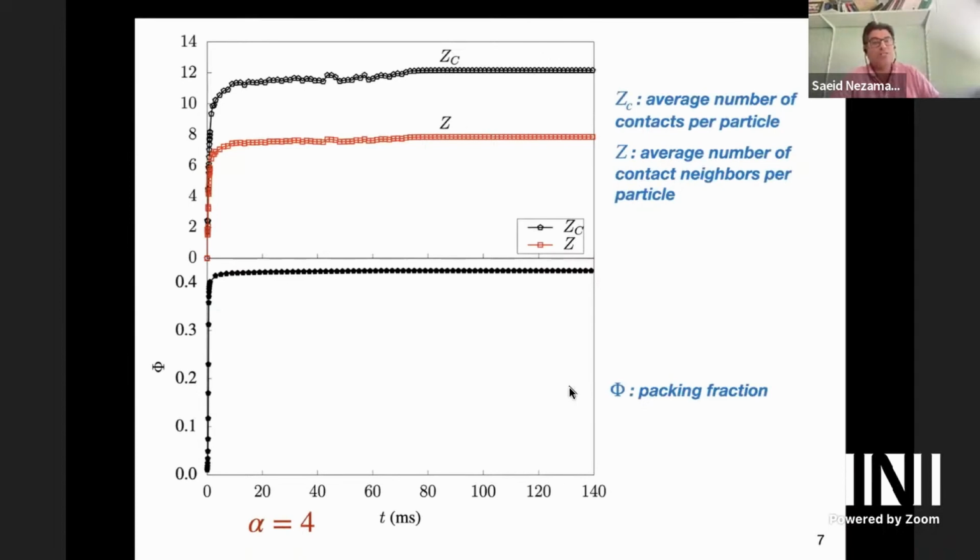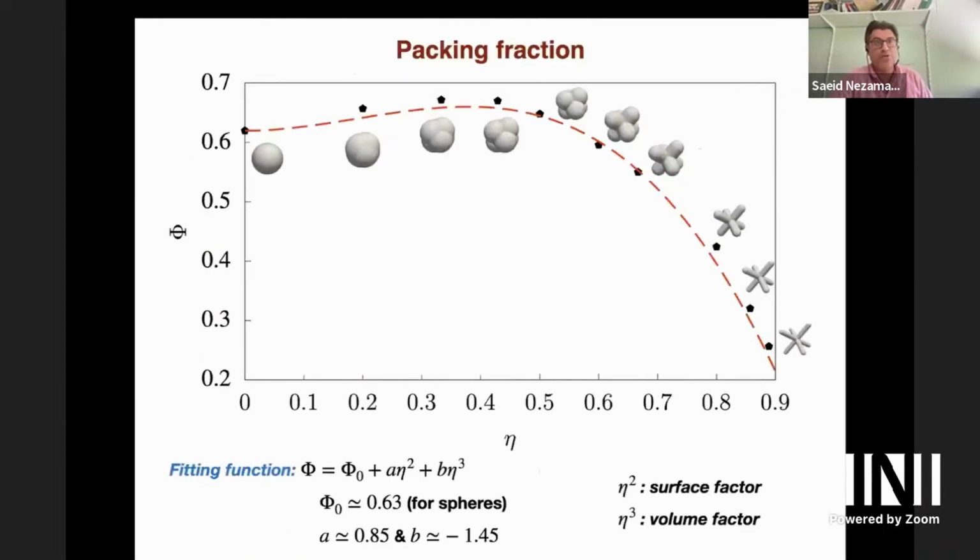In the following, I will consider the dependence of these quantities on the hexapod ratio. These curves show the packing fraction as a function of eta. For the sphere, eta equal to 0, the packing fraction is approximately 0.63, corresponding to the random close packing.